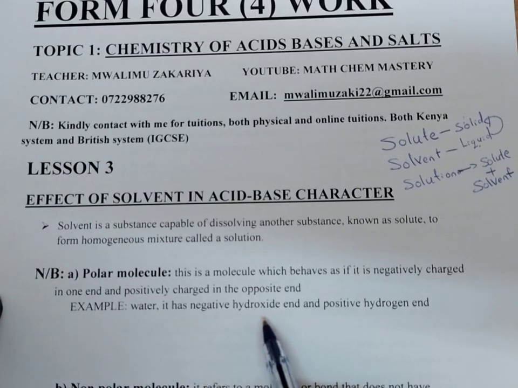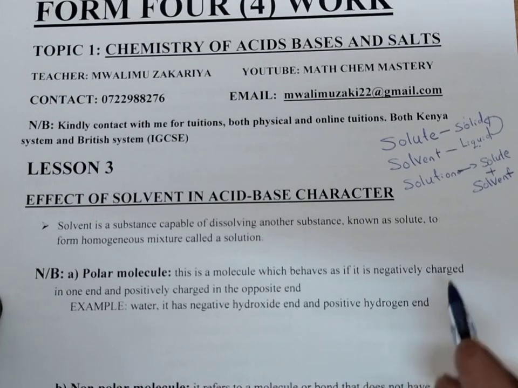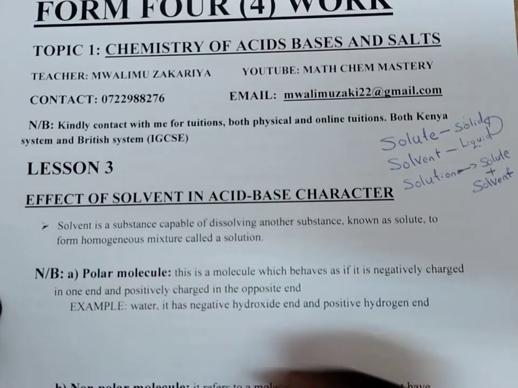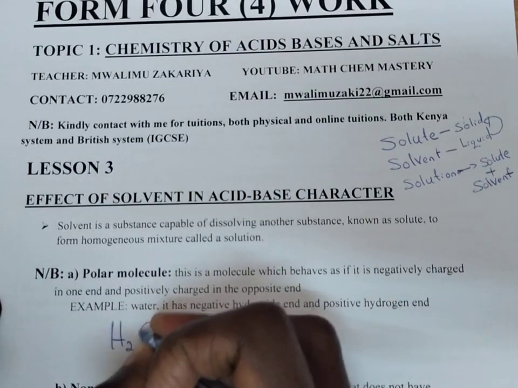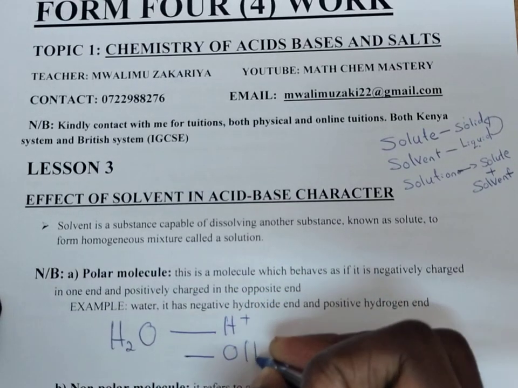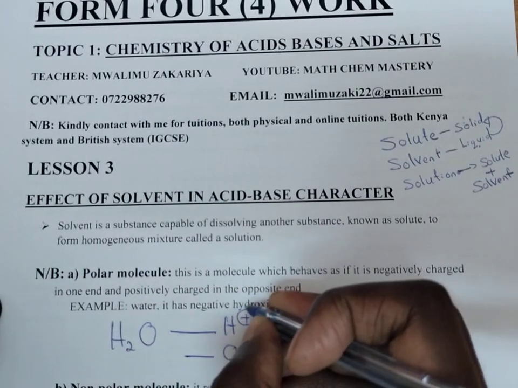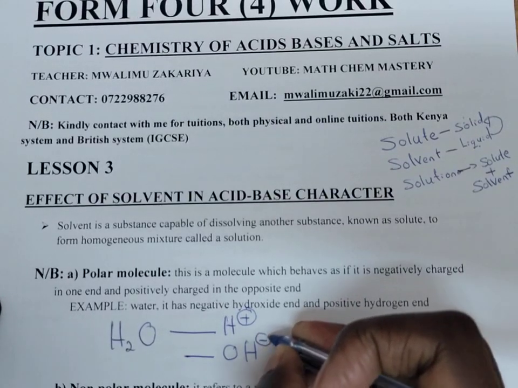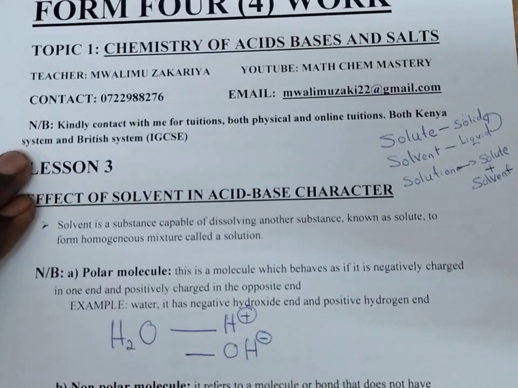It has a negative hydroxide end and a positive hydrogen end. Water is H2O, so it is made up of a hydrogen ion, which is positive, and a hydroxide ion, which is negative. So it has both the negative charge and the positive charge. That is water.